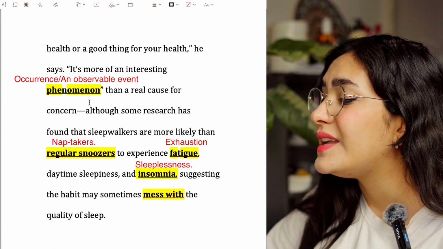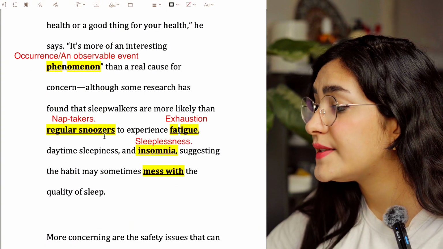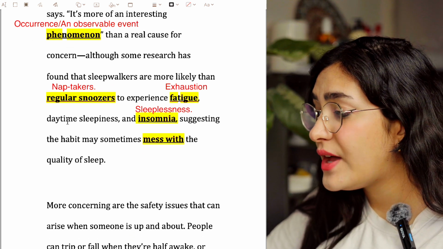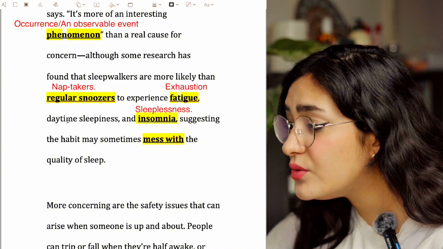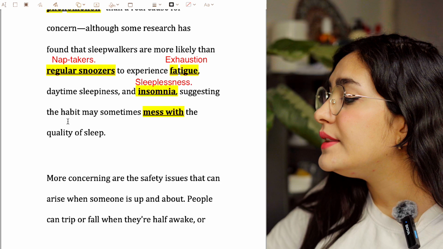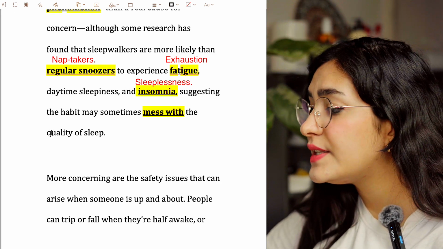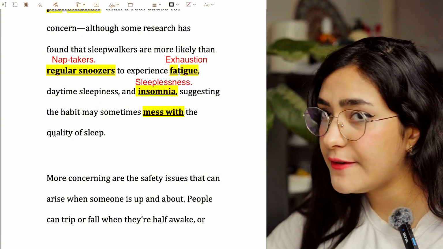He says it's more of an interesting phenomenon than a real cause for concern, although some research has found that sleepwalkers are more likely than regular snoozers to experience fatigue, daytime sleepiness, and insomnia, suggesting the habit may sometimes mess with the quality of sleep.